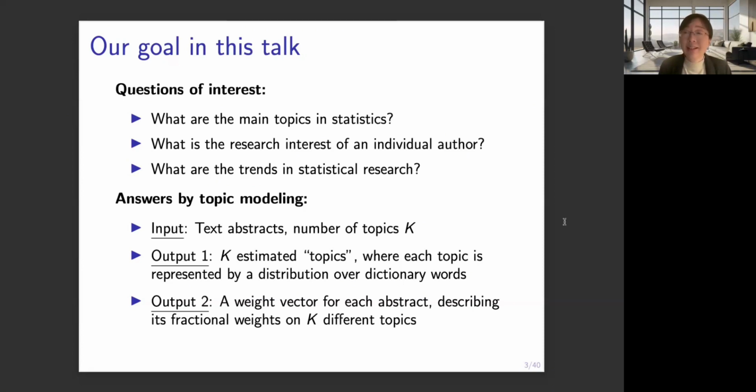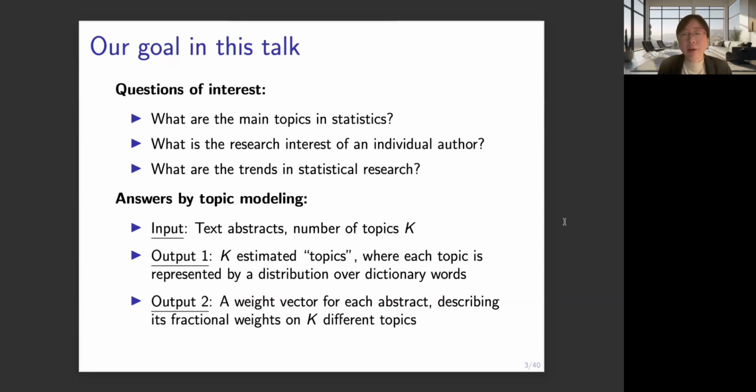The first is the K estimated topics, and each topic is represented by a distribution on the dictionary. It also outputs the weights of each paper on these different topics. So I can use these to study the research interests of individual authors.